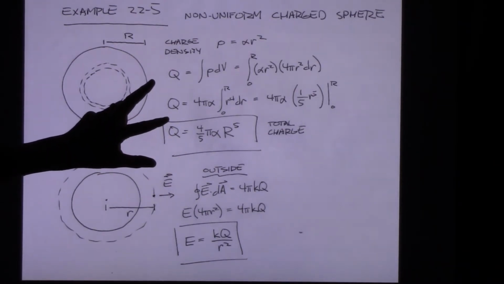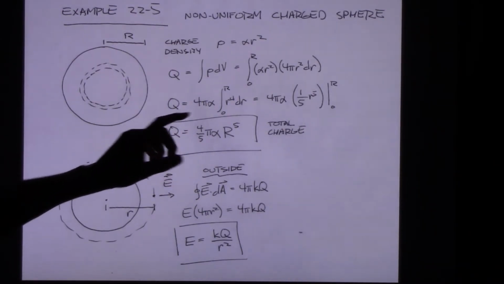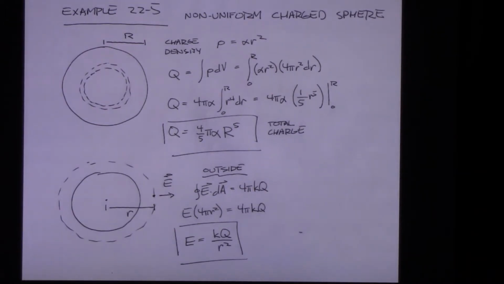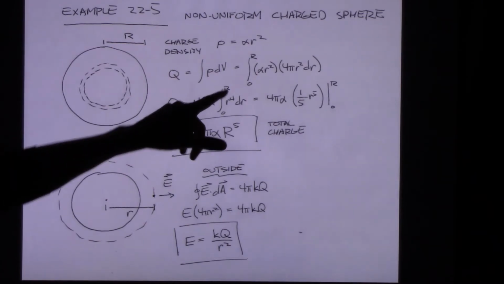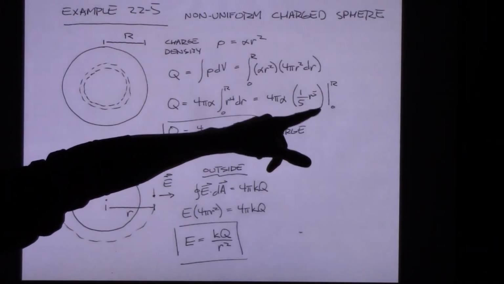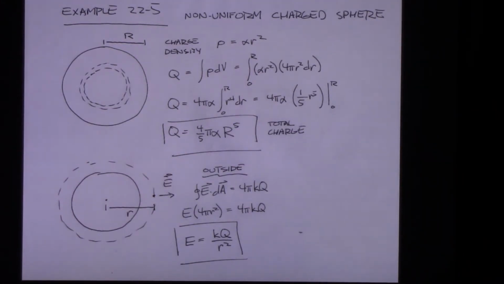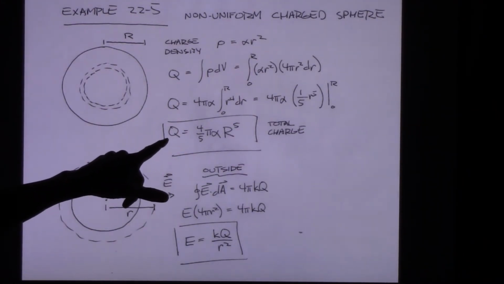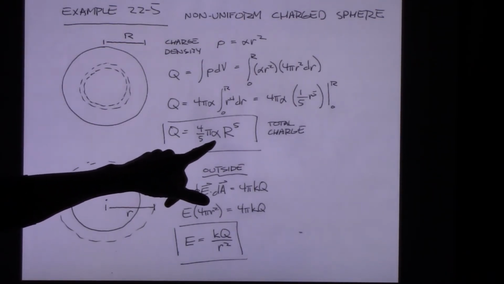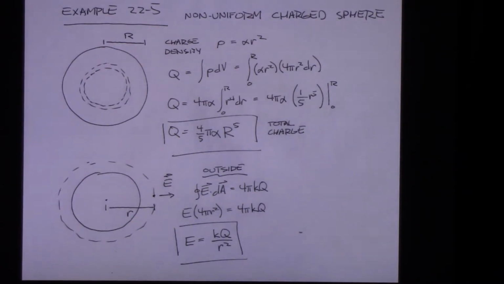So to calculate the total charge, we can bring out all the constants. We're left with 4 pi alpha times r to the fourth dr, and we want to integrate over all of the concentric spherical shells from 0 out to big R. That gives us an integration of 1/5 r to the 5th evaluated between 0 and big R. So when I calculate the total charge, it's given by 4/5 pi alpha R to the 5th power.